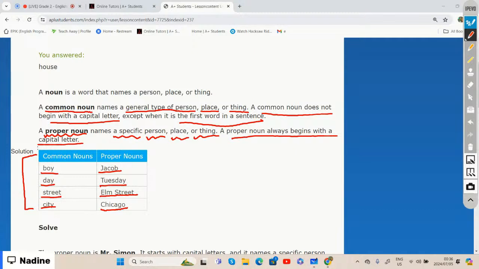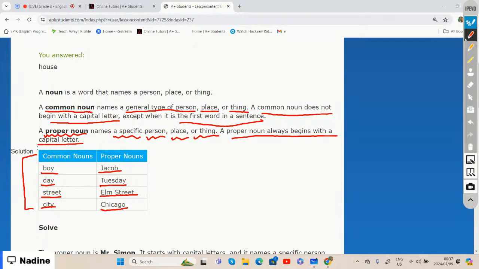All right. So once again, we have a noun, which is a word that names a person, place, animal, or thing. We said common nouns name general things, like a general person, animal, place, or thing.